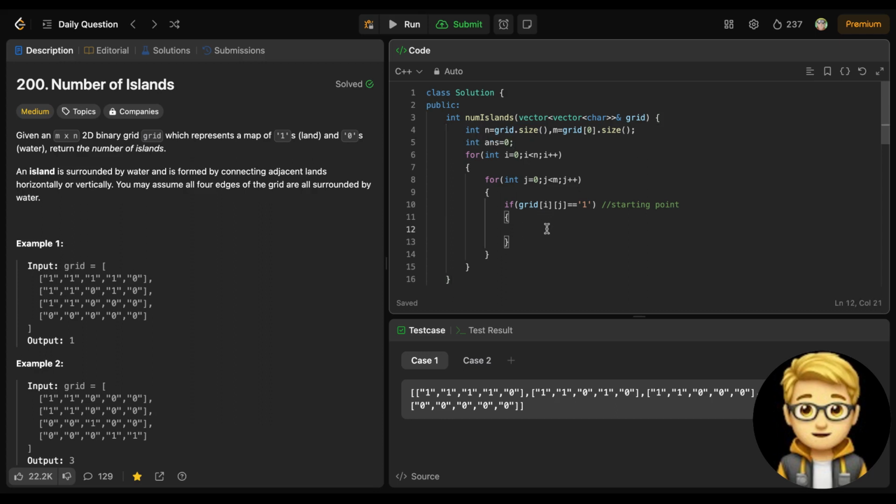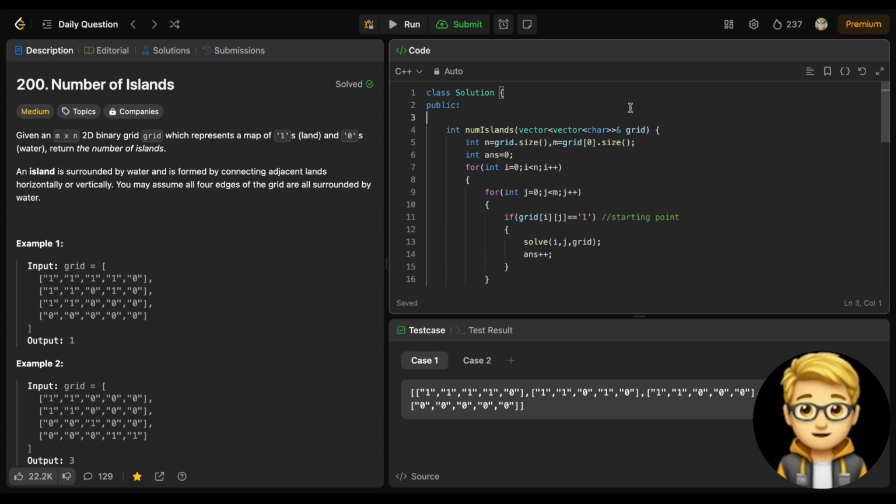So I will call the recursion using this ij and this grid, and I will also increment my answer, so that I can count the number of islands here, right? Now I will move in this solve function and mark all the connected land visited.